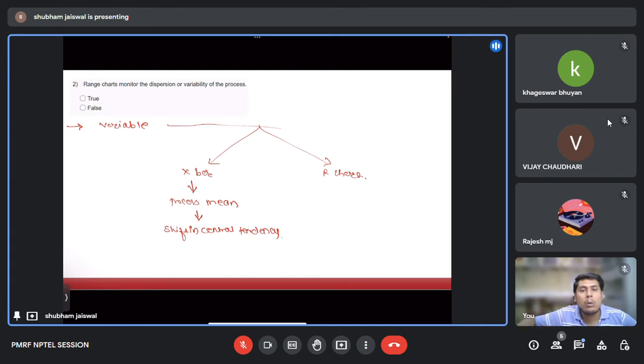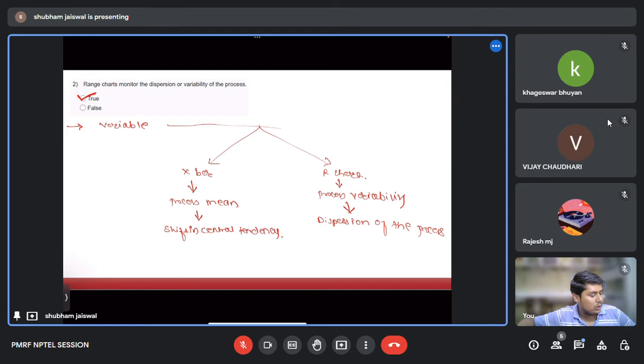What we are talking about is nothing but the dispersion, the process variability. In other words, we are talking about dispersion of the process. So this statement is true.